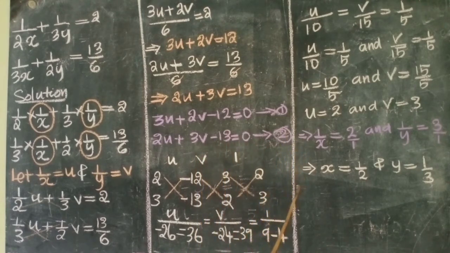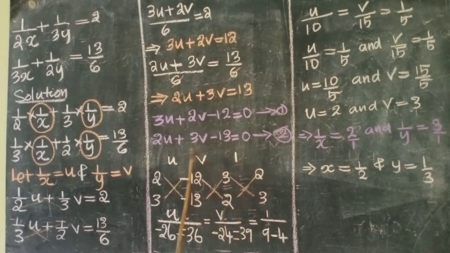For applying cross multiplication, you need to keep C1 to the left side, C2 also to the left side. So the equations become 3u plus 2v minus 12 equal to 0, equation number 1, and 2u plus 3v minus 13 equal to 0.